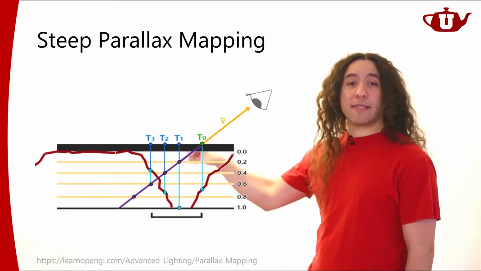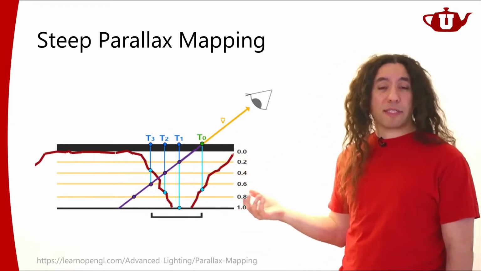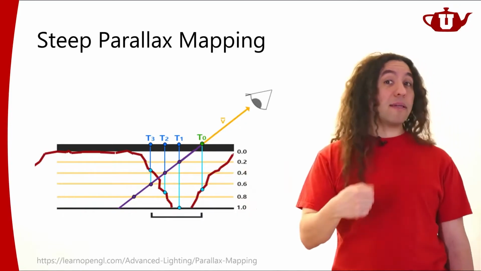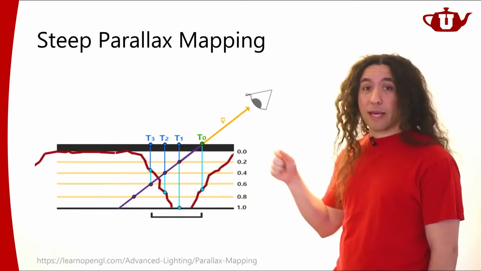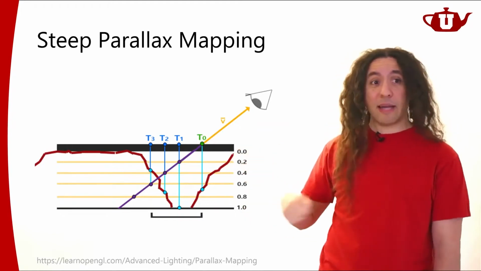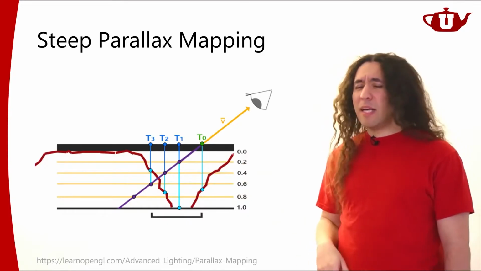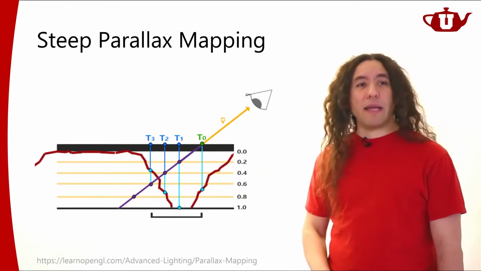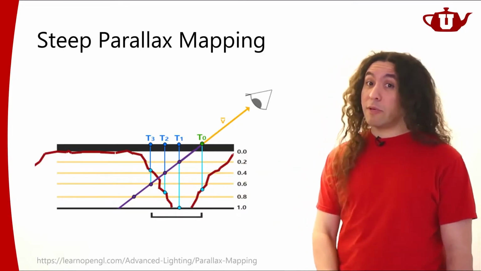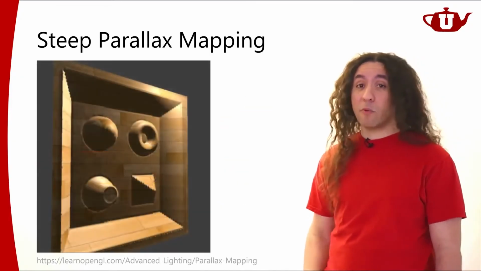Based on that, I decide how far I need to go. This is going to be more expensive because it's doing multiple texture reads and multiple dependent texture reads too. I read the texture value, I compute a new UV coordinate, and then I read the texture based on that modified UV coordinate. So it's considerably more expensive than parallax mapping, but you get better results. So in a lot of cases, it's actually worth it.